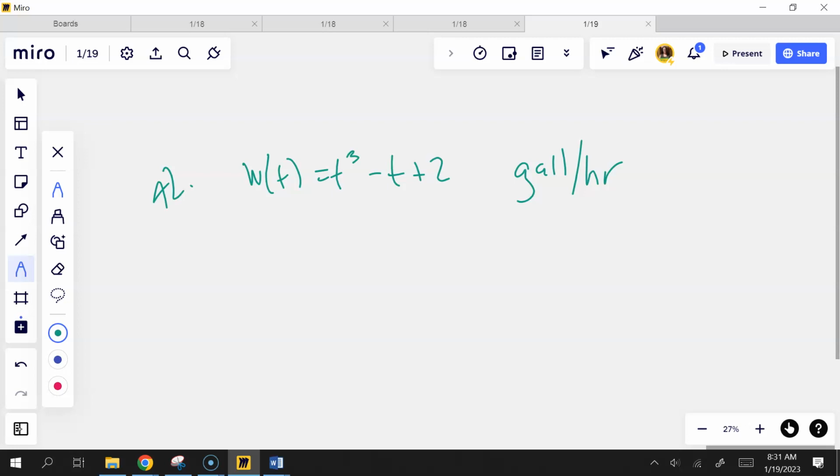If it's going in at a rate of this per hour, then my gallons in the first 3 hours would be the integral from 0 to 3 gallons. Does that make sense? Yeah, sure. It takes the rate part off, yes. It's going to change it from that rate to.